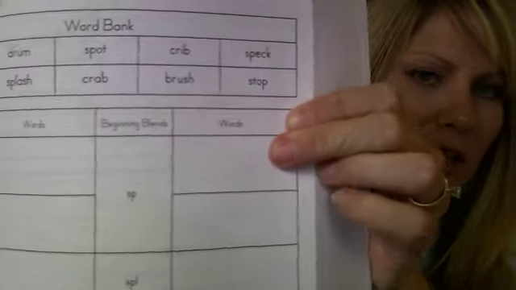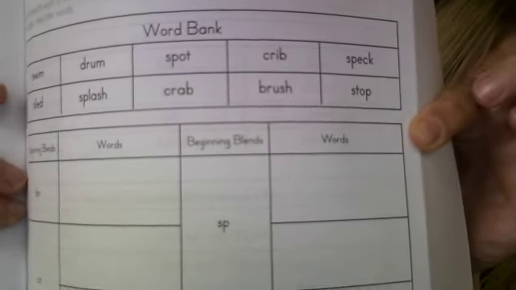So, we'll do the first one together. And on your assignment, in the first box there's a B and an R right here, and that says beginning blend. So we need to go up into our word bank and find a word that has the BR blend.